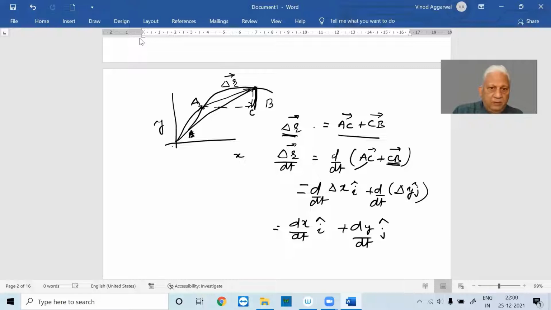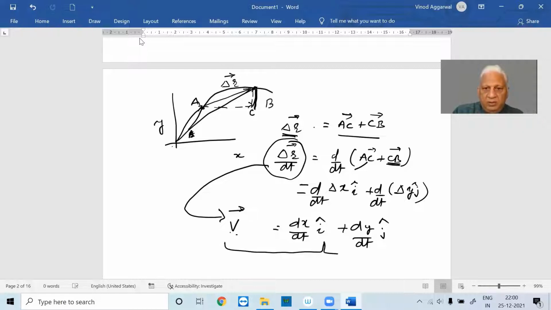Okay, so this is our total velocity. This rate of change of position vector with respect to time gives us v. V becomes this one. Now, this is the formula of velocity if there is motion taking place in the i direction as well as the j direction.